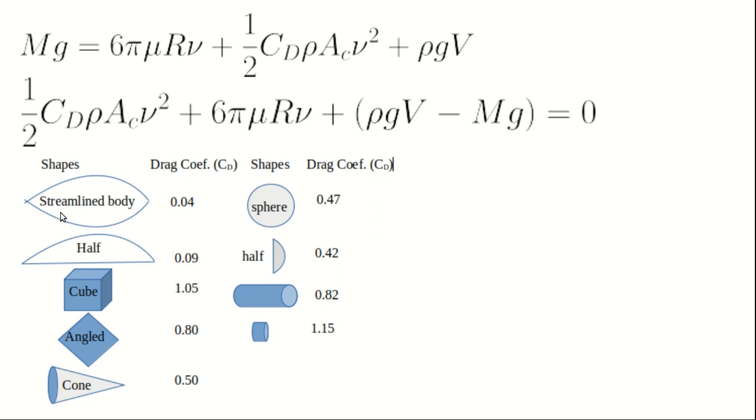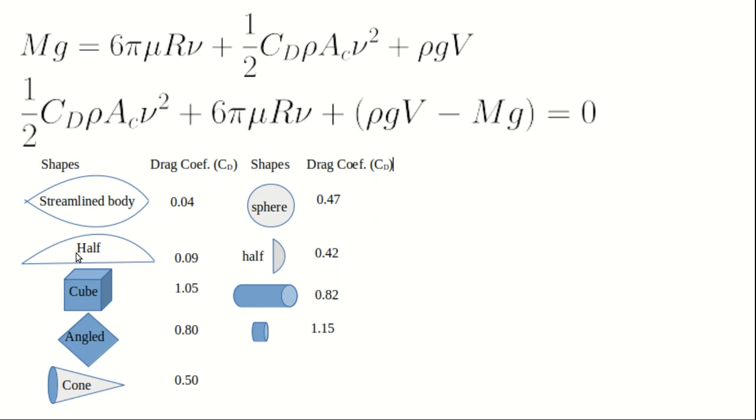If the object is a streamlined body, the drag coefficient, which is C subscript D, is equal to 0.04. If it is a half streamlined body, it becomes 0.09, and in this case we assume that this body is moving in this direction.